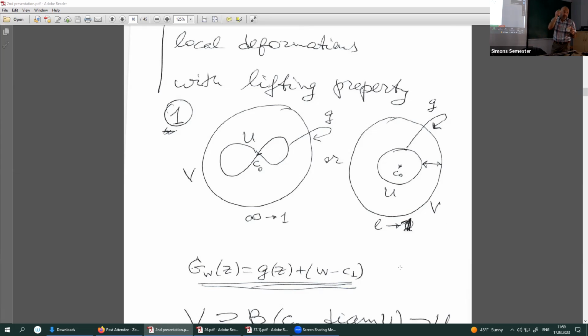So any point in the range can be a critical value, which defines the map, like for z squared plus c. So if for each such c the preimage of the fixed domain is just inside, that's it. Then there is a lifting property.